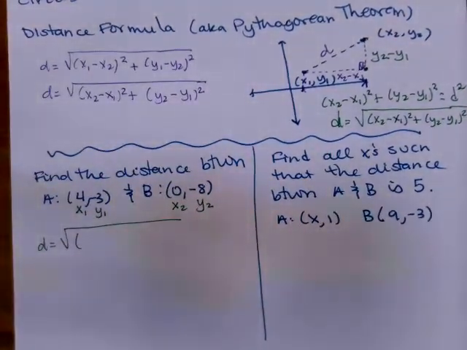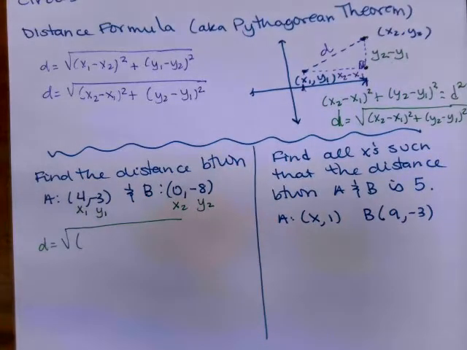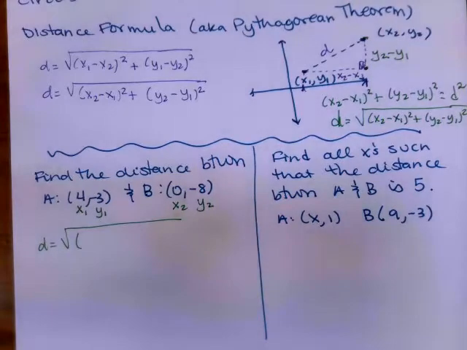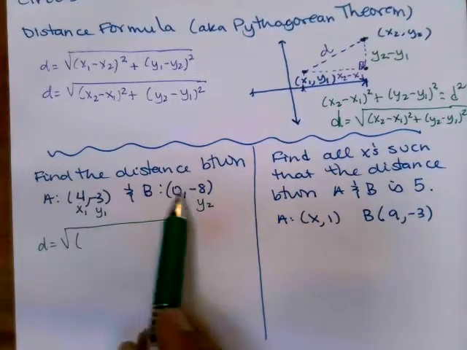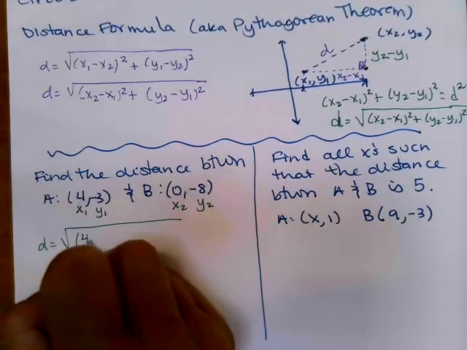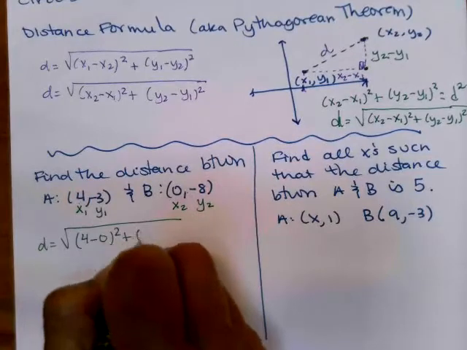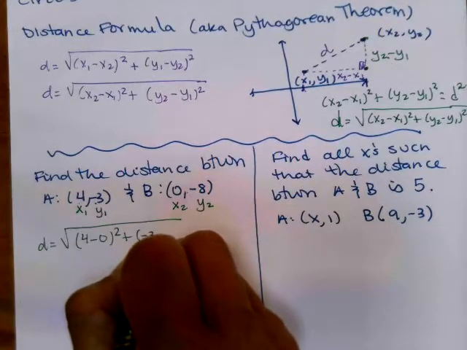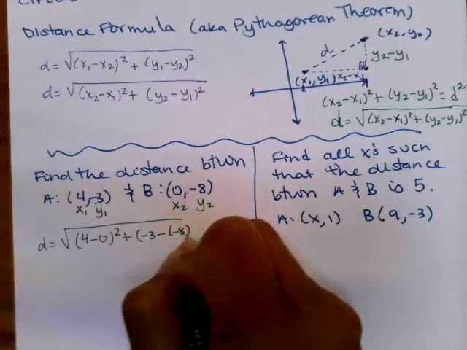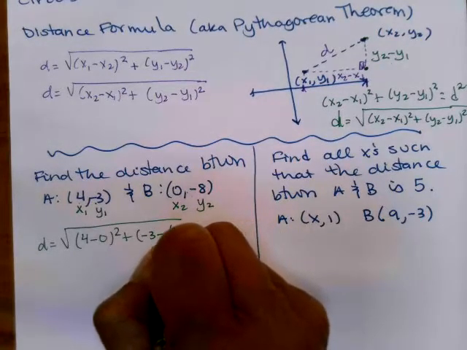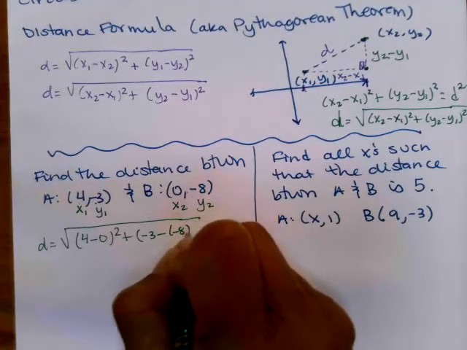Sometimes, if I have my head in the game, I'll try to subtract so that I get rid of as many negative signs as I can. I don't really care this time, so I'll just start from 4 minus 0, squared, and then -3 minus (-8). I'm putting the -8 in parentheses so that I can deal with my negative signs.